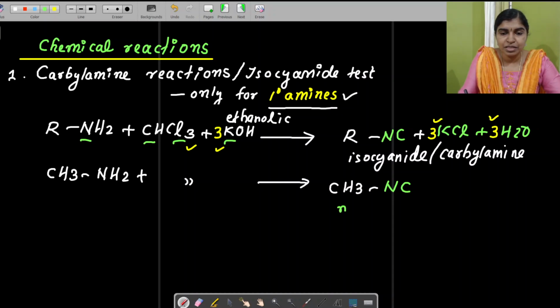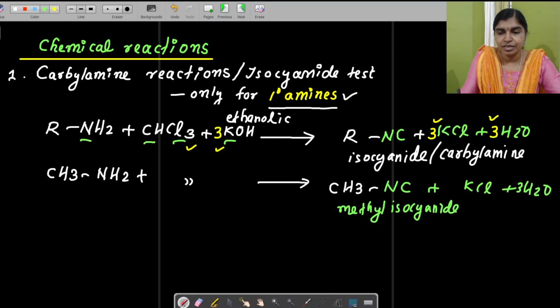So this is methyl carbylamine or methyl isocyanide with the byproducts KCl and H2O. Again you can balance this: 3H2O, 3KCl, here it is 3KOH and CHCl3. So that is the reaction. So you can convert methylamine into methyl isocyanide.